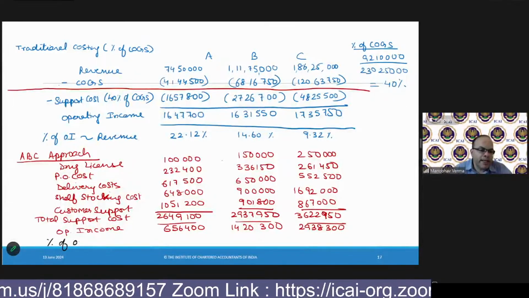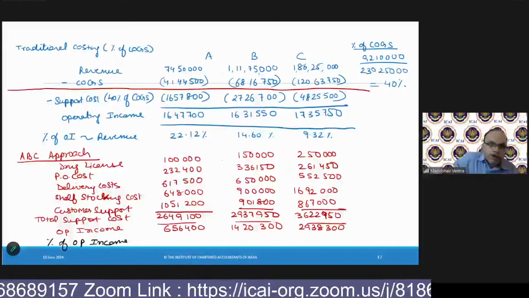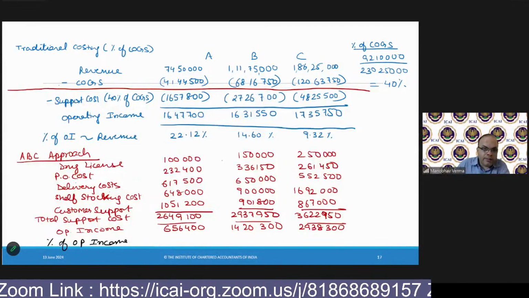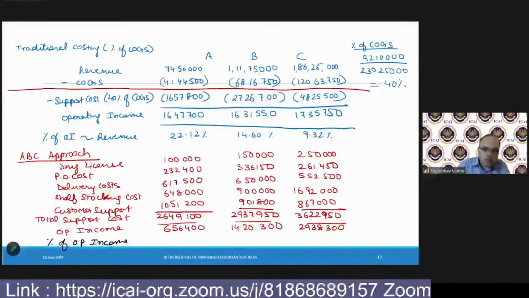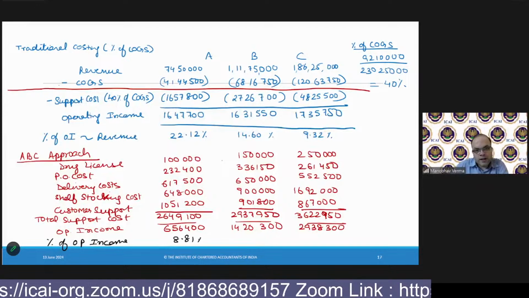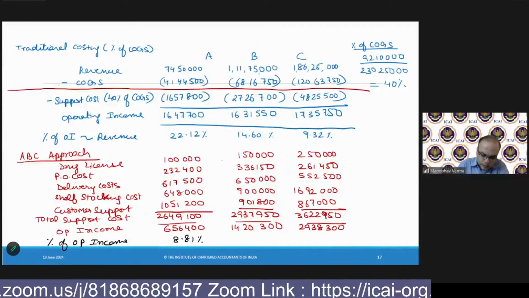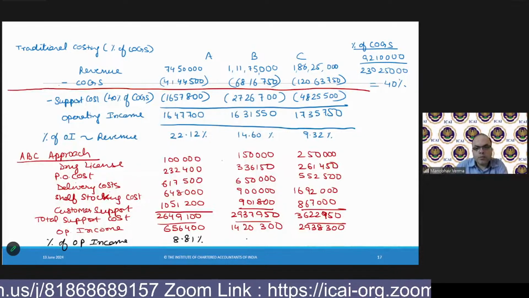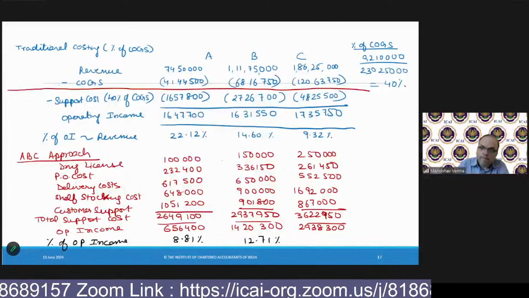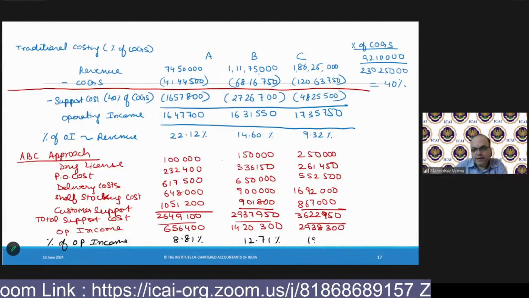So let's see how much this is in terms of percentage, guys. Percentage of operating income here, then we will do some analysis, because this is just a calculation of what we have been doing so far. But we also have to do the analysis, that is the last part of the question. 656 400 divided by, so this is 8.81, 12.71, and 15.78.